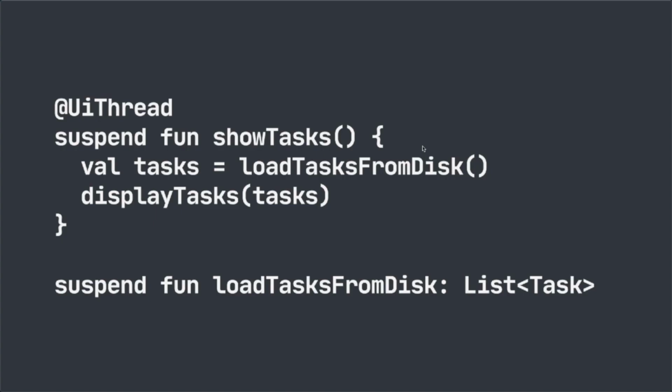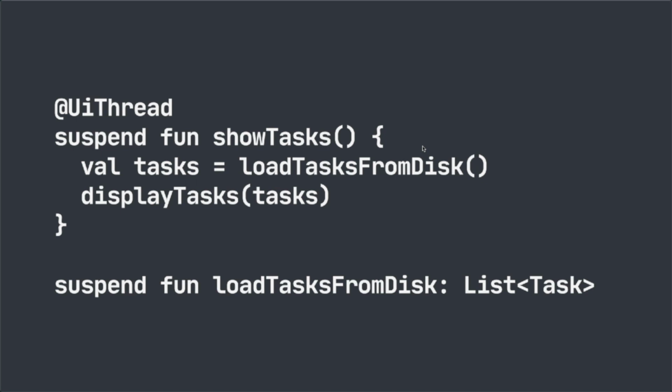So here's a simple example of using coroutines. We add the suspend keyword here on this showTasks function, indicating that this is going to be a suspending function and should be executed from within a coroutine scope. Within that, we can then run long running tasks as we need. So maybe loading tasks from disk is slow because we're loading up a bunch of files.